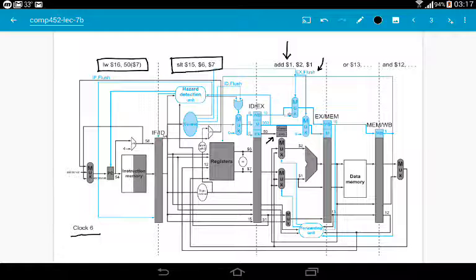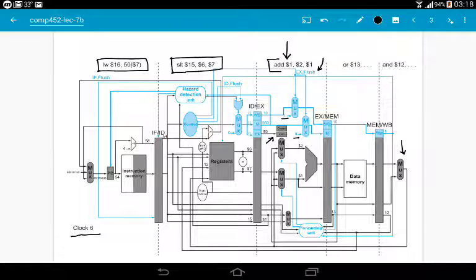It will cause this 0 and this 0 to propagate to the output of these two muxes, and further execution of this instruction will be stopped, because when control signals all become 0, nothing will be written in the write back stage, because the reg write signal will be 0.